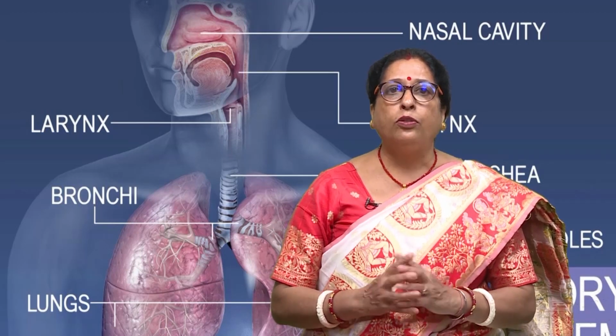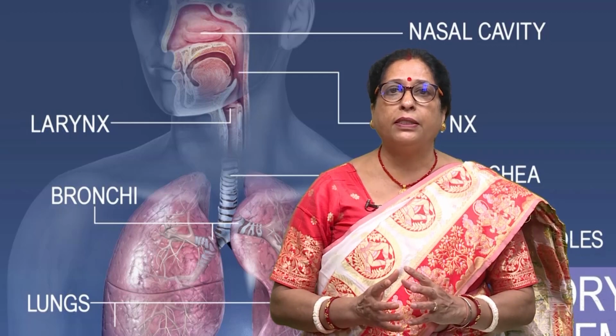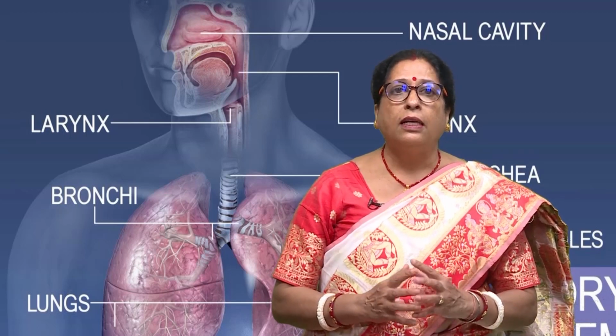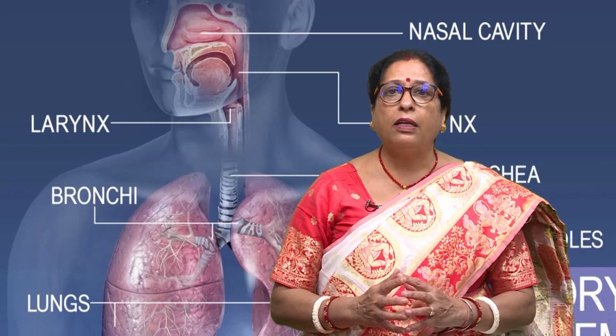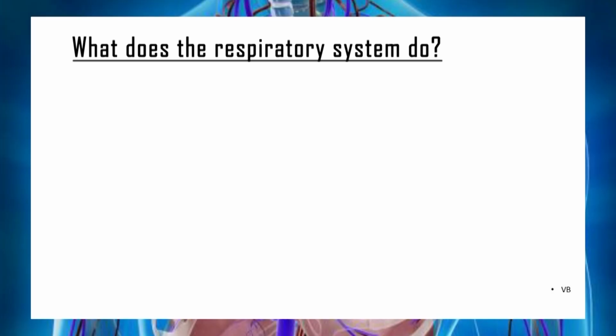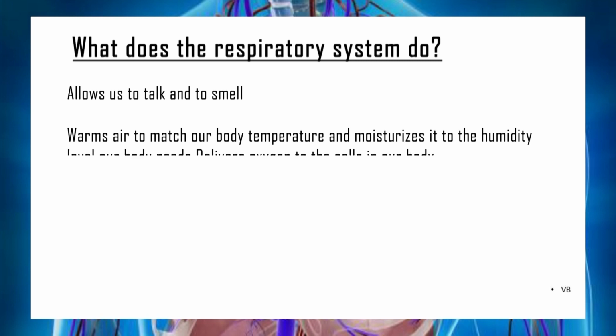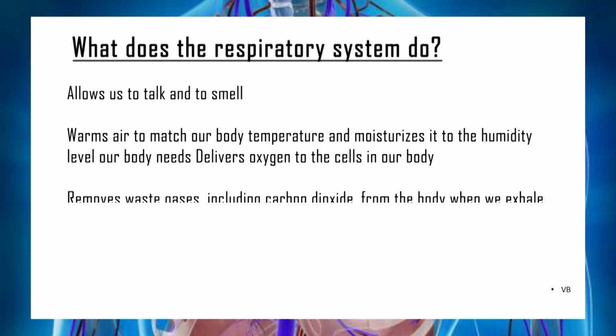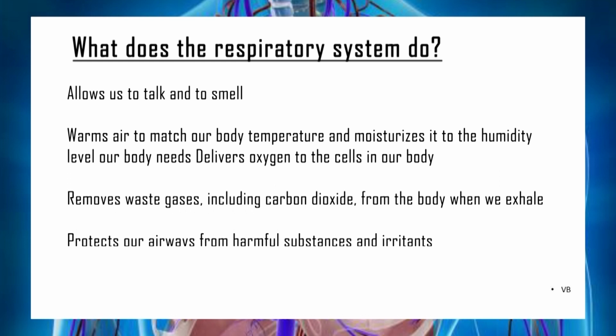It warms air to match our body temperature and moistens it to the humidity level our body needs. It delivers oxygen to the cells in our body, removes waste gases including carbon dioxide from our body when we exhale, and protects our airways from harmful substances and irritants.